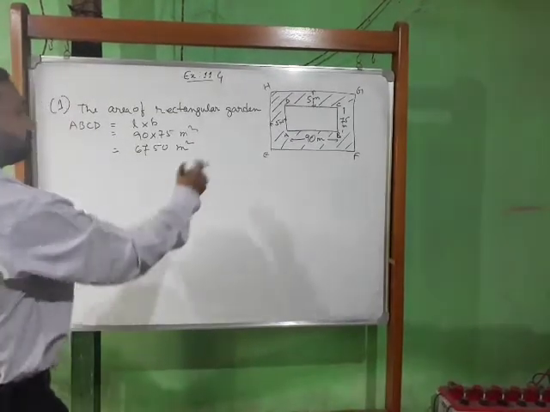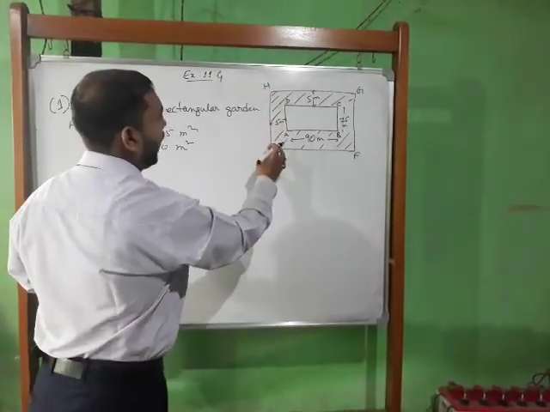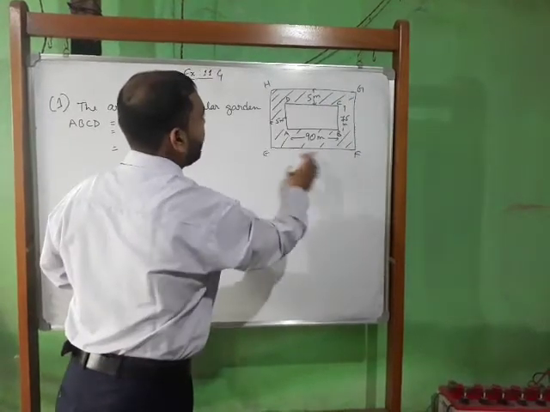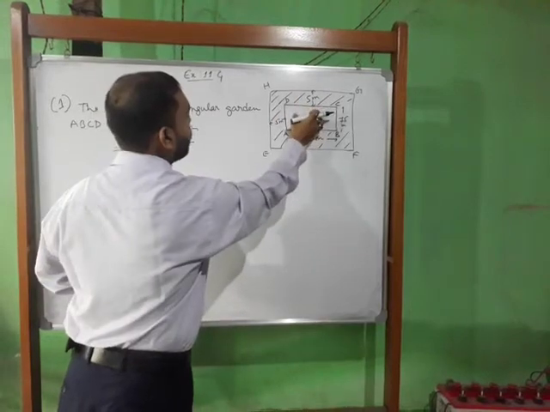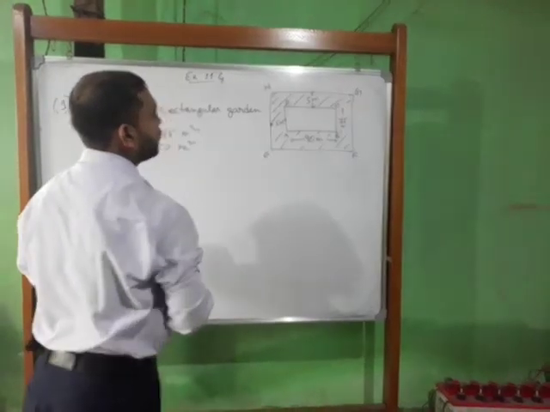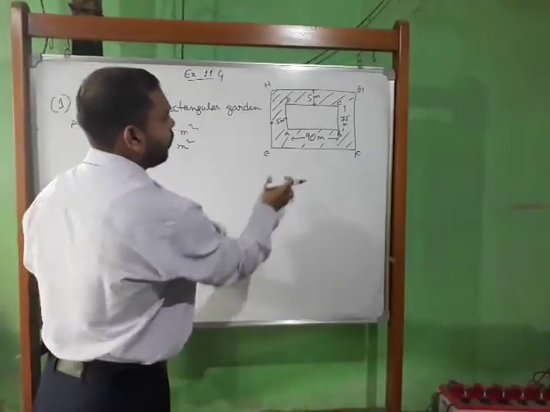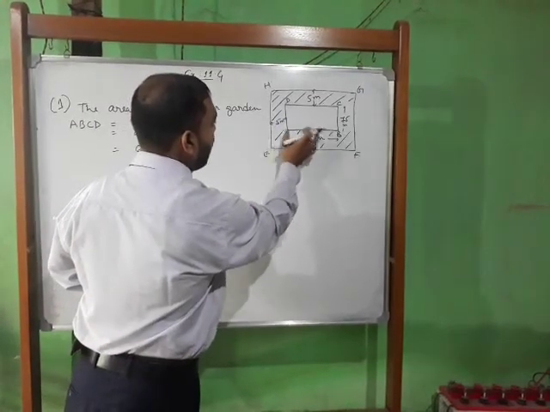Now we have to take out the area of this big rectangle EFGH, which includes the area of rectangle ABCD also. First we find the length and breadth of the bigger rectangle.